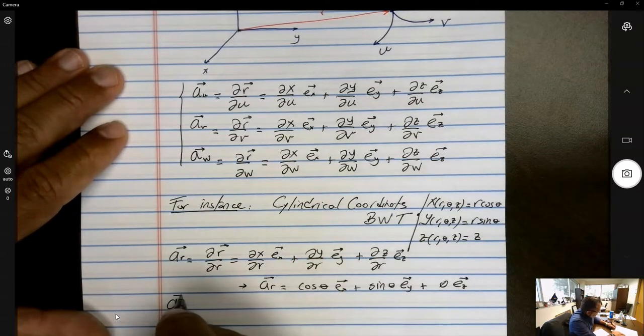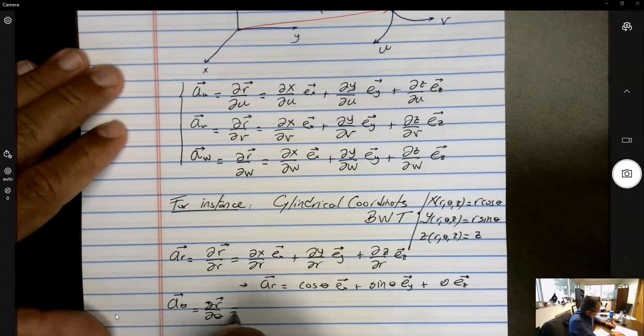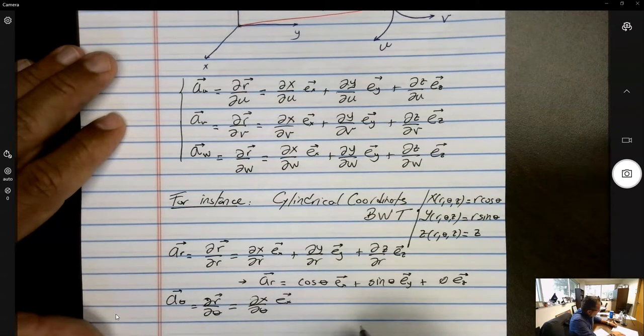A theta is dr d theta, which is dx d theta in the x direction, plus dy d theta in the y direction, plus dz d theta in the z direction.